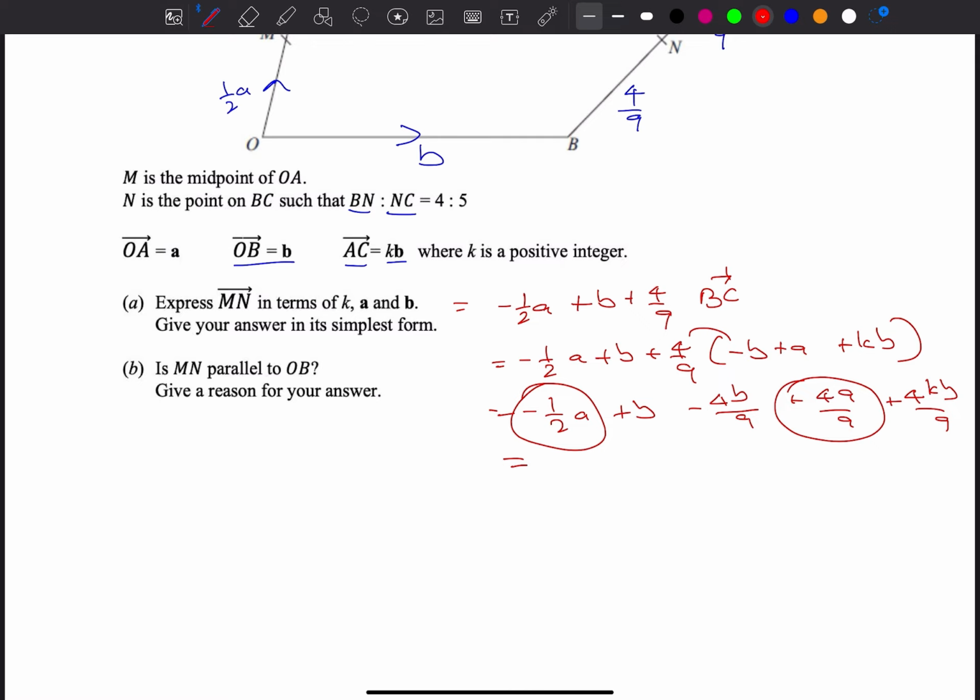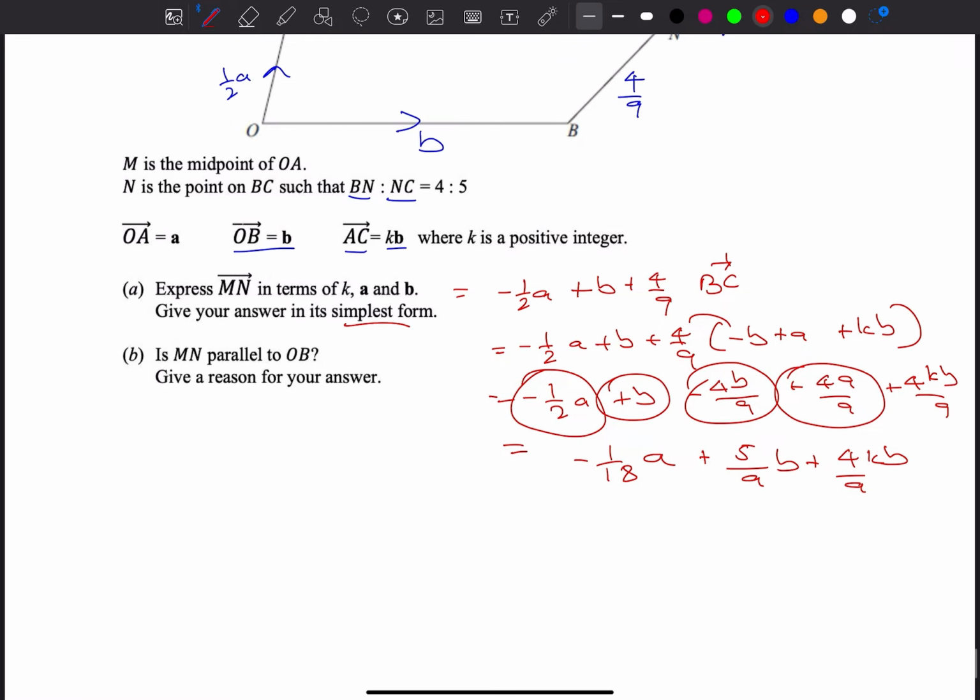Which is minus 1 over 18 a. Next one, I go 1b minus 4 over 9 b, which is 5 over 9 b plus 4 over 9 of kb. Okay, that's it.